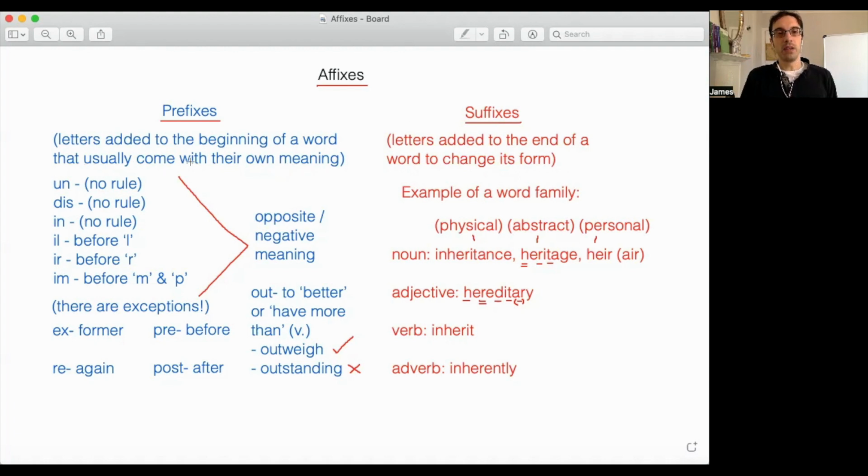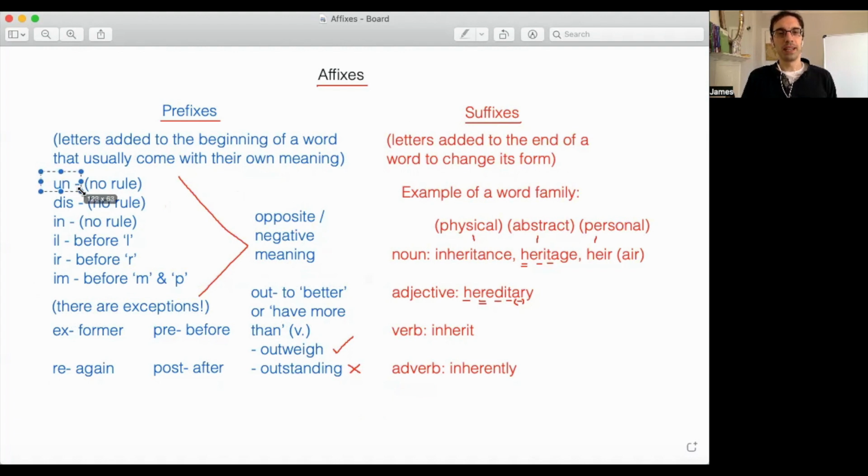Now I say that they usually come with their own meaning, but that's more this group down here. And before we get into those, let's start with prefixes that give an opposite or a negative meaning to English words. So the most common, I suppose, would be the word un.